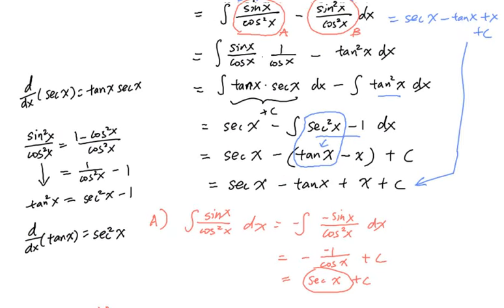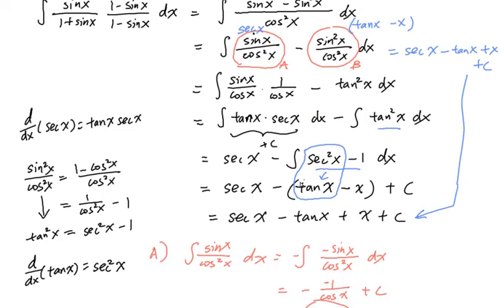But that's the benefit. The derivative of tangent equal to secant square is something good to memorize. I guess that's my point.